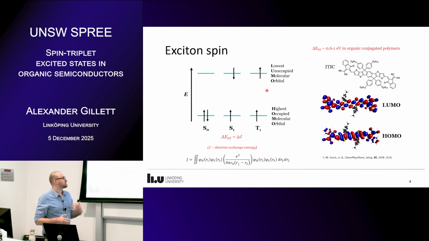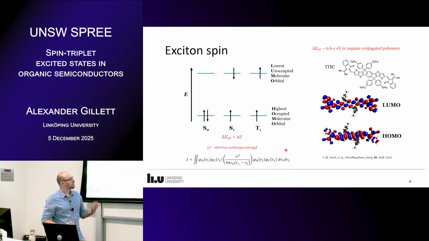What this means is that you have a spin-triplet excited state, so called because there are three different ways you could orient those electron spins to give an overall spin equals 1. And indeed, you can get more exotic excited states like quintets, quartets, whatever, if you have multiple electrons in your system. What's quite interesting is that in most organic materials, you have something called the electron exchange energy, which is basically the overlap between the electron and hole wave functions.